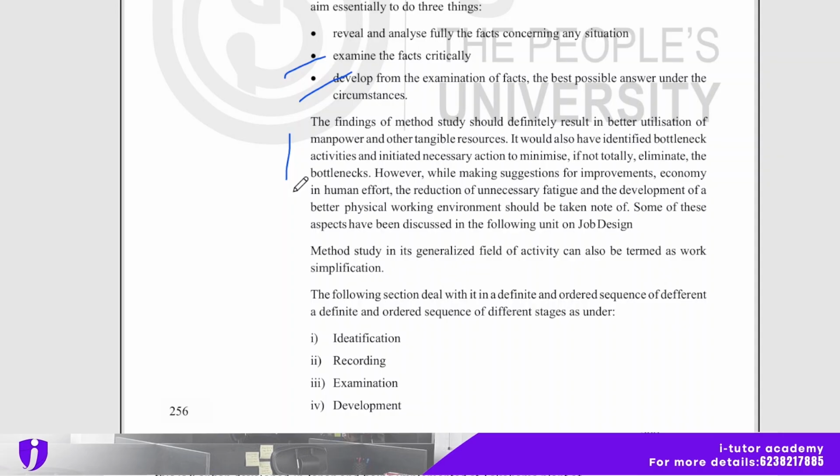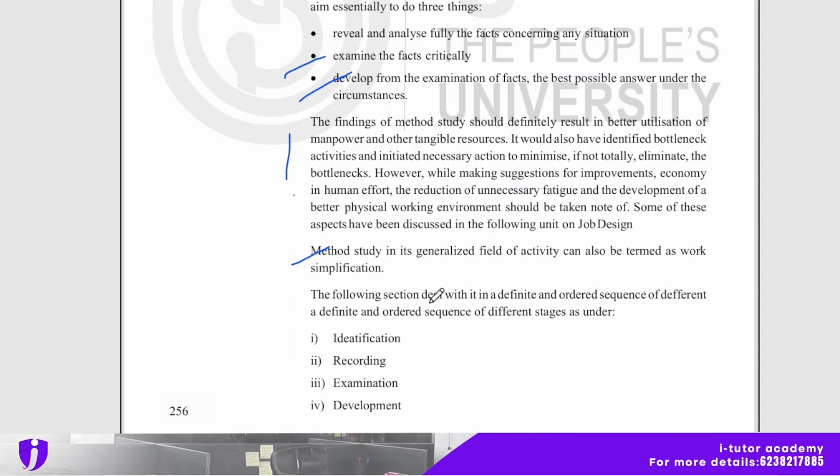However, while making suggestions for improvement, economy in human effort, the reduction of unnecessary fatigue, and the development of a better physical working environment should be taken note of. Some of these aspects are discussed in the following unit on job design.